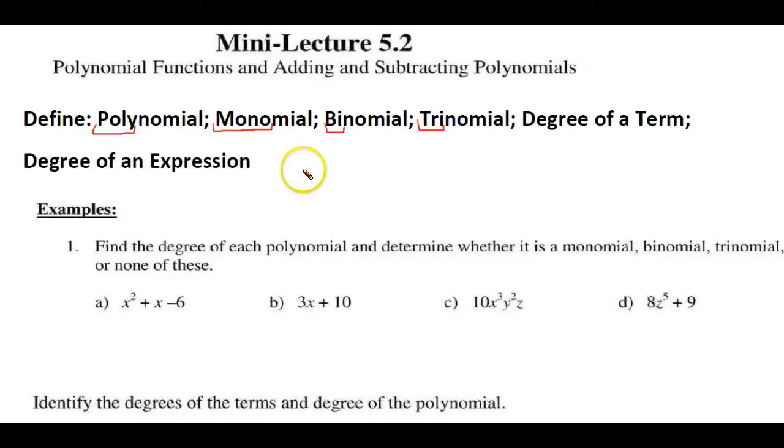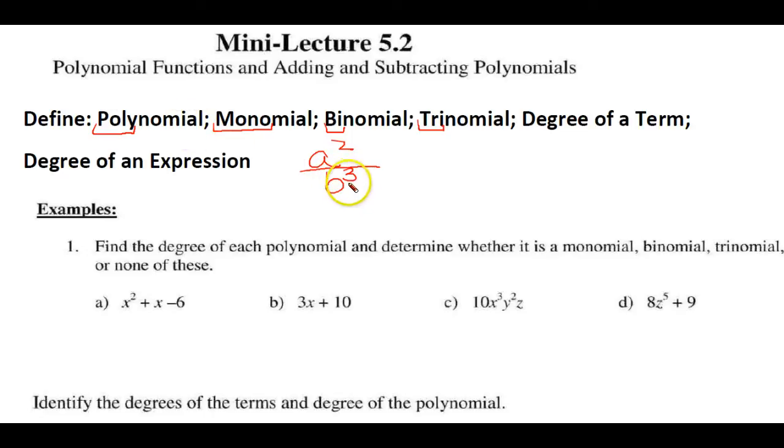And also in the real definition of polynomial, we don't come across it much in our book, but for instance, if you had a term like a to the second over b to the third, when you have a variable in the denominator, that's not considered a polynomial.